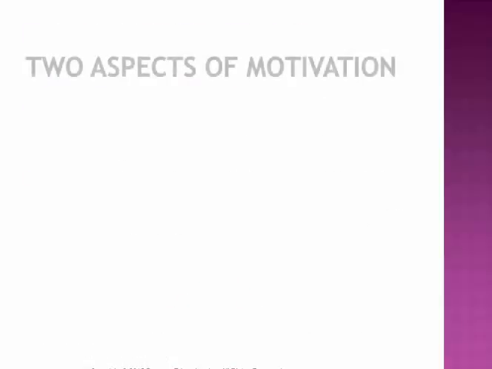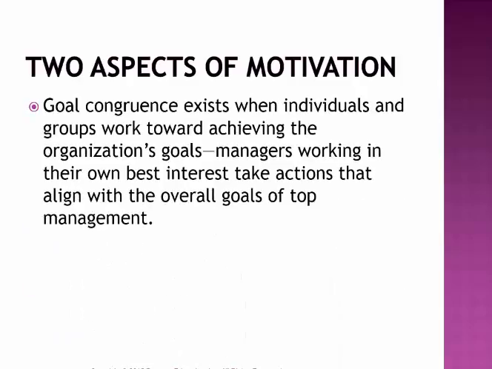Goal congruence exists when the individuals and groups work toward achieving the organization's goals. We are focused on that goal. We agree with that goal. We are working towards that goal. Managers working in their own best interest take actions that align with the overall goals of top management.